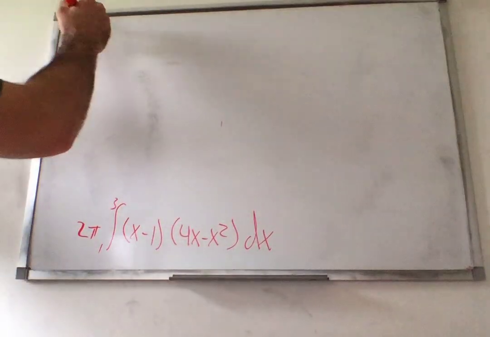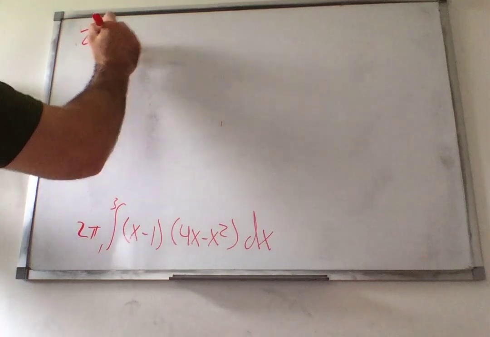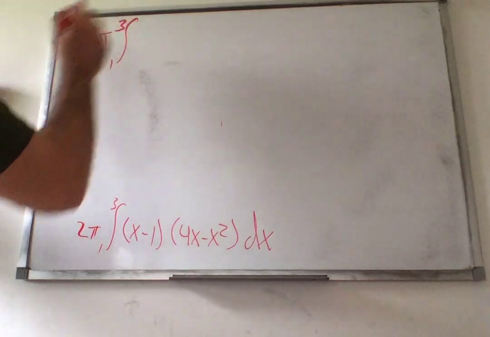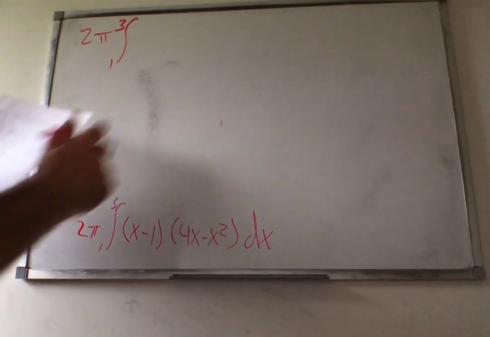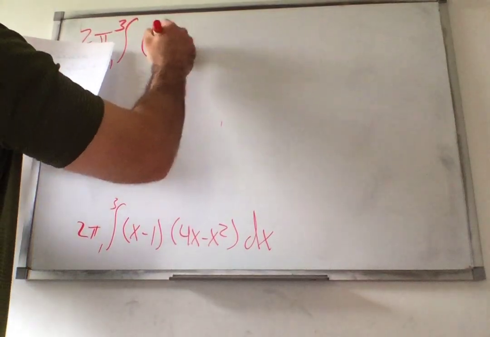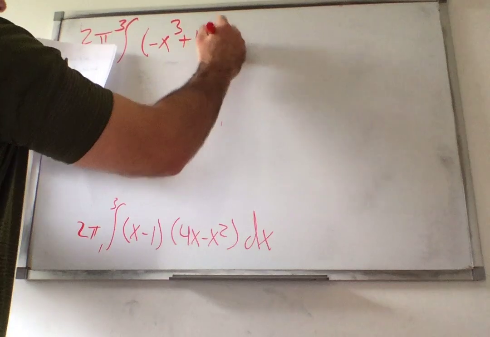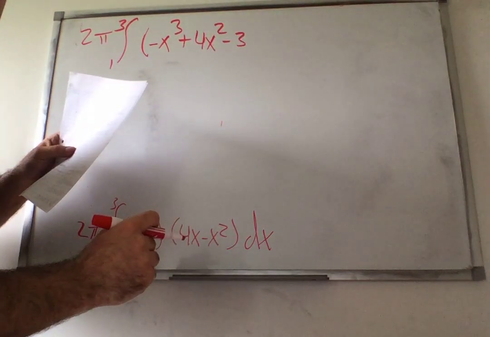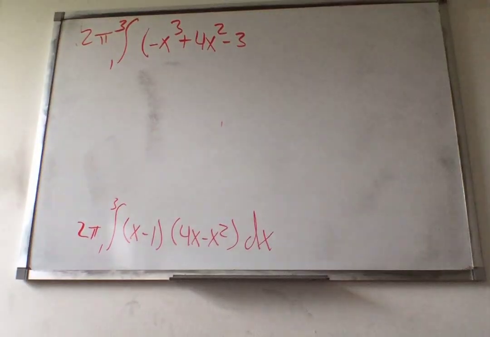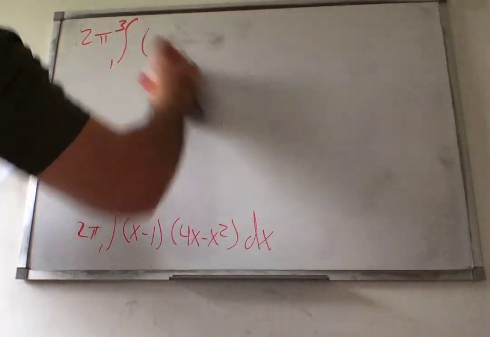Now, if you were to multiply that out, I do have it really quickly for you, so you don't have to actually go through that multiplication. You get negative x cubed plus 4x squared minus... Oh, I looked at the wrong line. Giving you an unsimplified form.